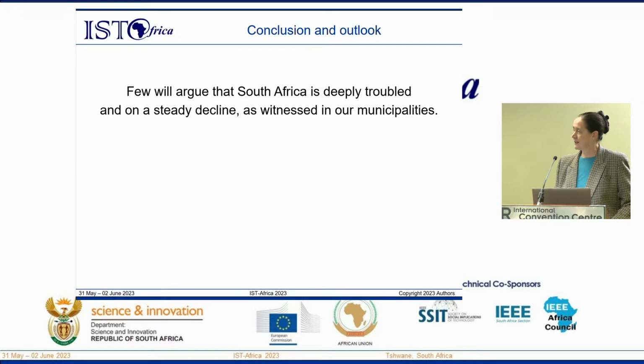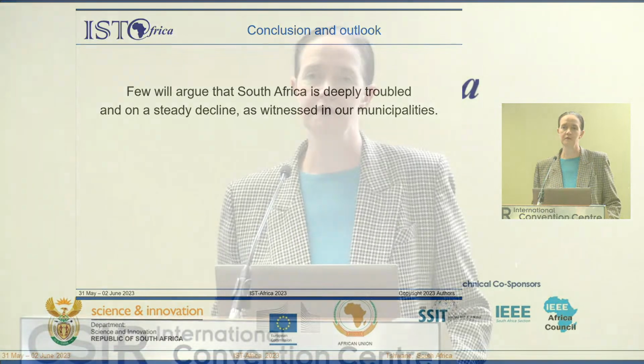Few will argue that South Africa is deeply troubled and on a steady decline at present. I heard someone mention the electricity earlier in one of the presentations, as witnessed amongst others in our municipalities. And it's more visible in our municipalities purely because they're closer to the community. As I mentioned, this is a wicked problem. Project management maturity levels alone is not going to solve the problem.